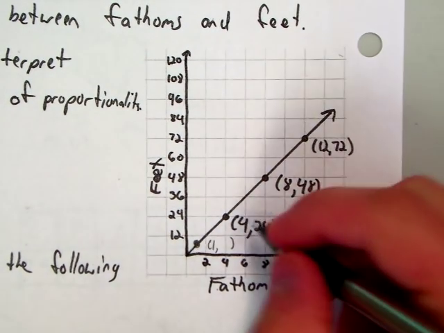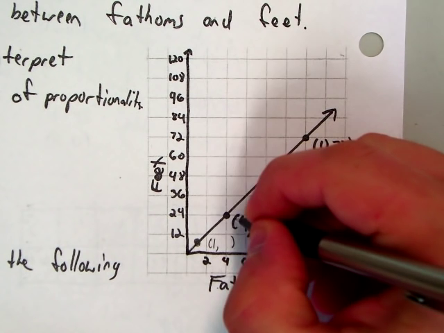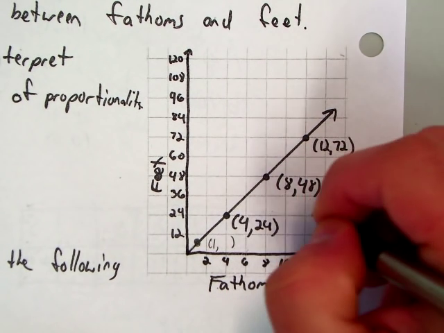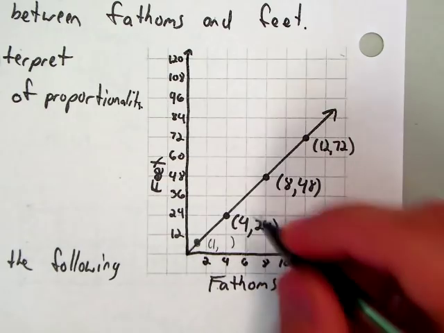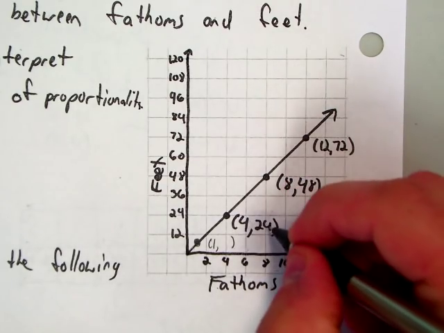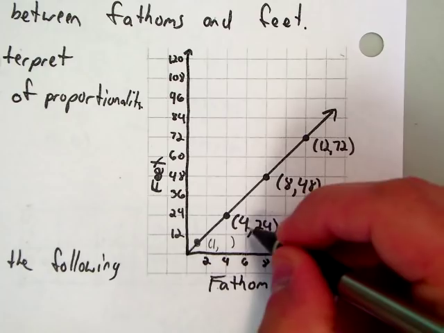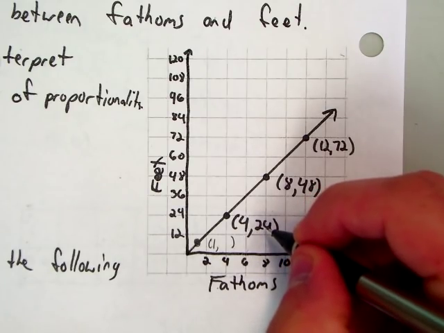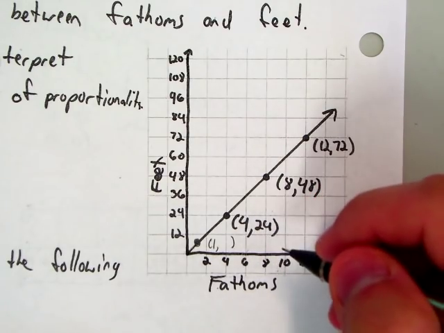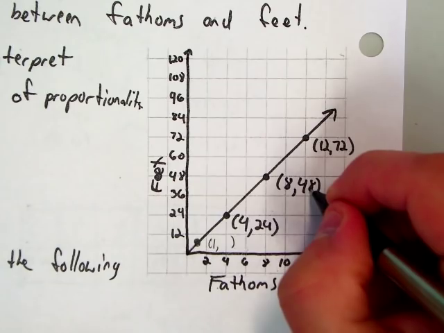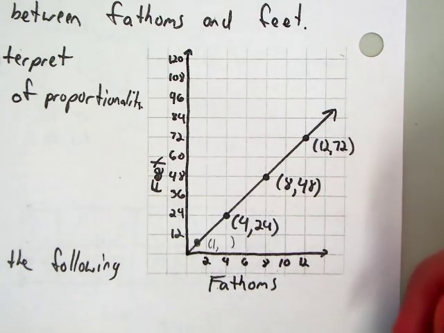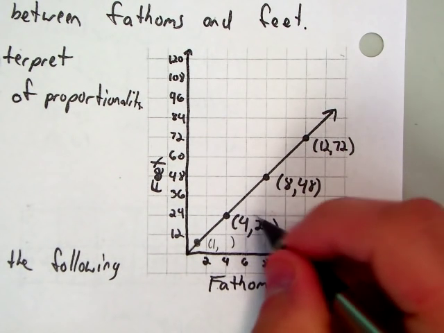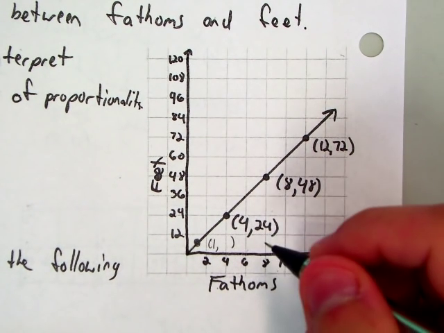And I want to figure out what that missing number is in this ordered pair. So first of all, I want to look at how do these numbers change with respect to each other. In other words, 4 gets me 24, how? 8 gets me 48, how? 12 gets me 72, how? And I can do this because it's proportional.